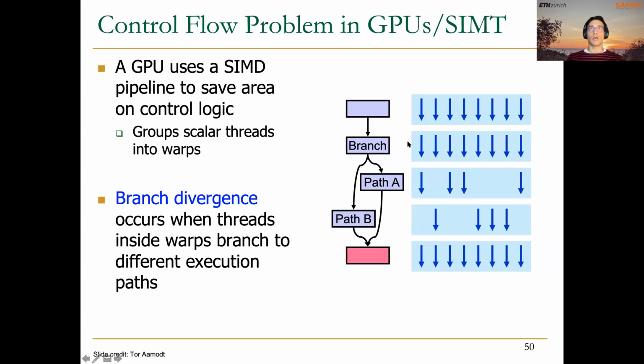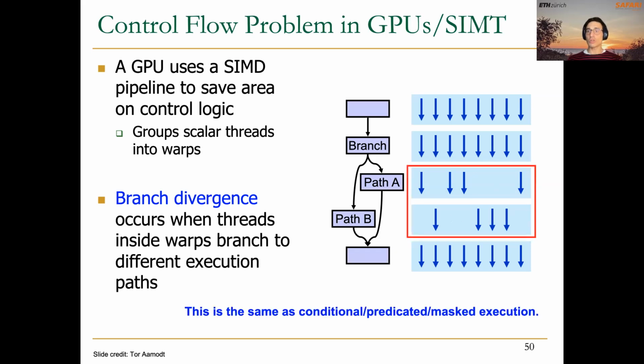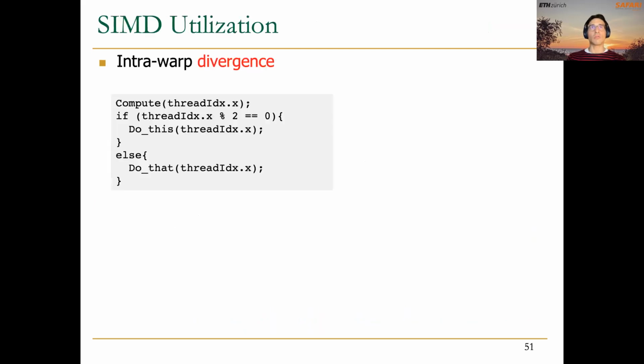Notice how all these threads that are from the same warp in reality cannot execute all together because some of them go through path A while others go through path B. Remember as well that it was possible to handle these by using masks, by using what we call the conditional or predicated execution, but that, even though it's functional, is not desirable because it affects the actual performance.